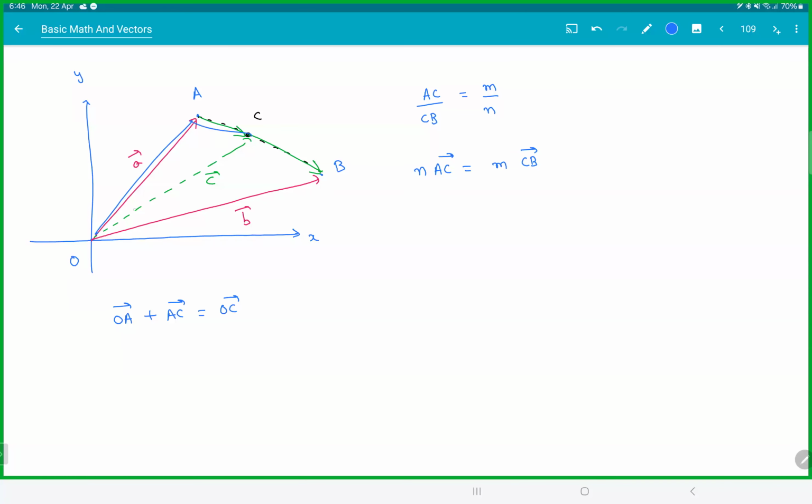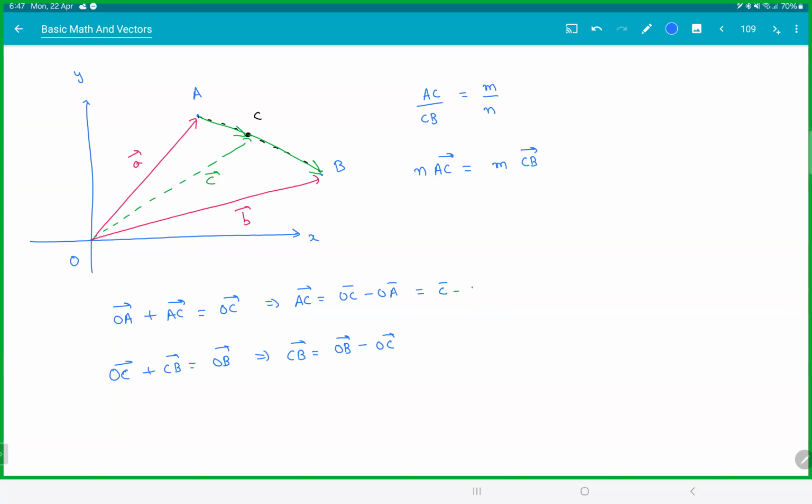O to A to C is O to C. So from here we get AC bar is OC bar minus OA bar. Similarly, in that other triangle, OC bar plus CB bar is OB bar. So from here, CB bar is OB bar minus OC bar.